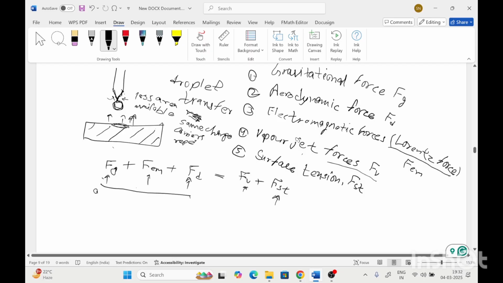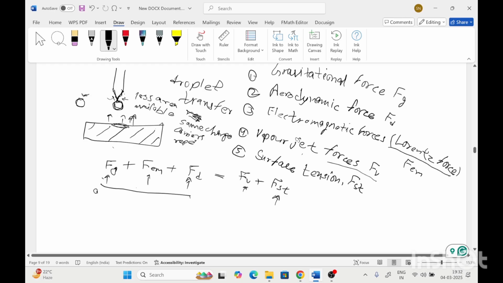As the droplet forms, it wants to drop down, but first it is attached to the electrode, and as it releases from the electrode, the surface area of the droplet will increase.